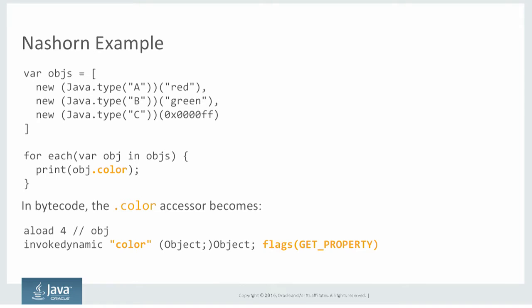This single line, or more precisely, the obj.color bit of the line in the for loop, will boil down to something like the invokedynamic instruction shown here on the slide. So it's invokedynamic of something called color, accepting an object, returning an object, and it has a static argument to the bootstrap method that says get property is the operation that's supposed to be run here.